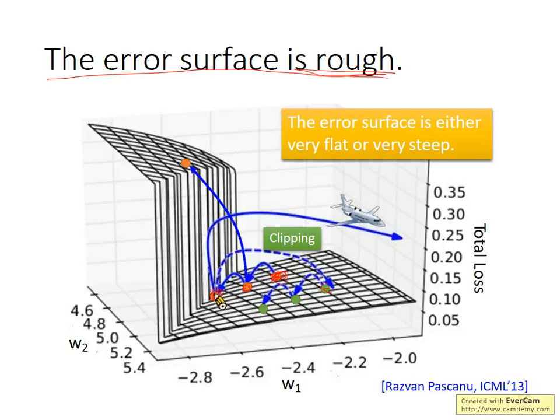At this point, because it has a very, very large gradient, when we update the parameters we may be multiplied by a very big value, so that we jump very far away. So sometimes we get NaN, or when we update, we get a very large loss.